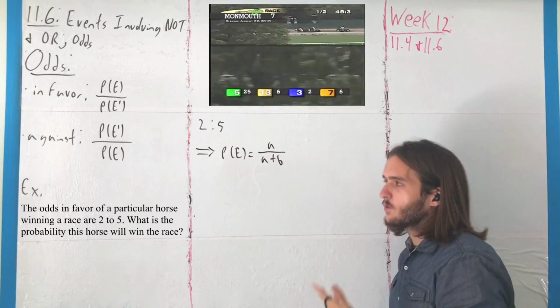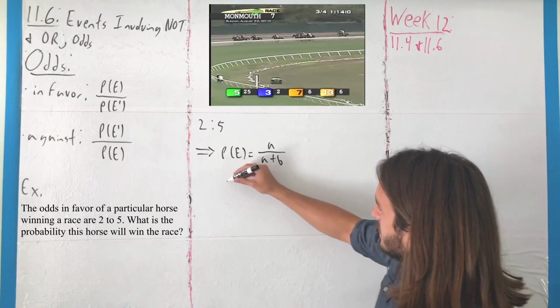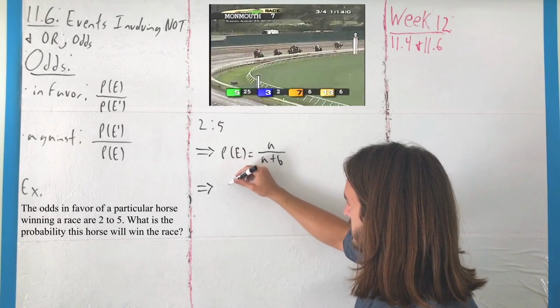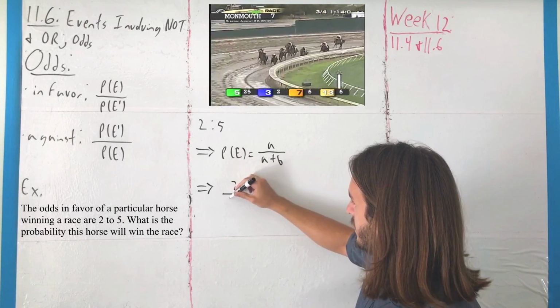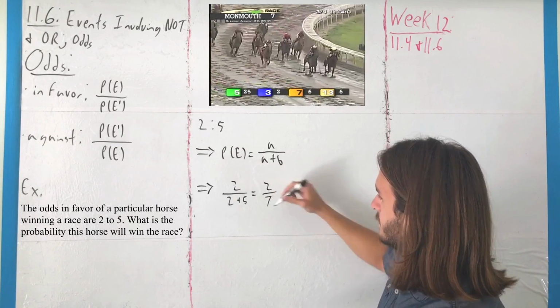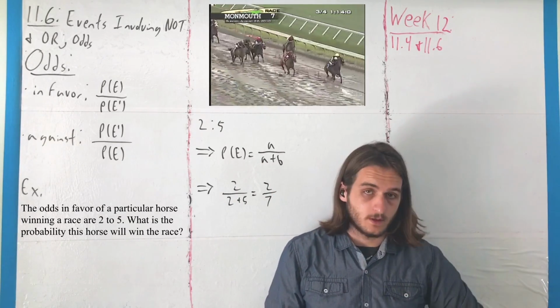A plus B is the total number because it's either the things we want or the things we don't. So here, the probability we would get would end up being 2 over 2 plus 5, or 2 out of 7 is the probability of the given horse winning the race.